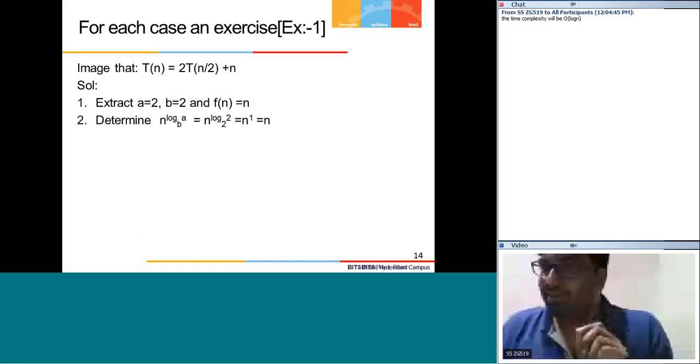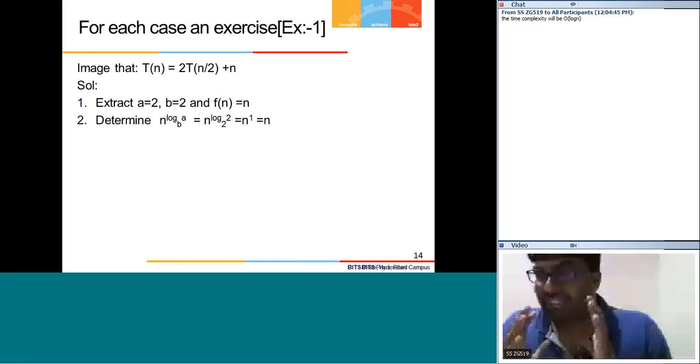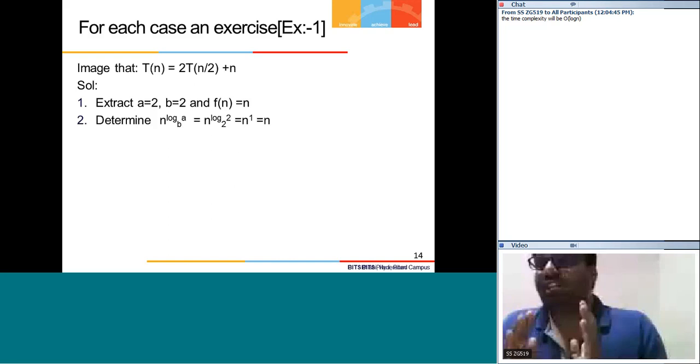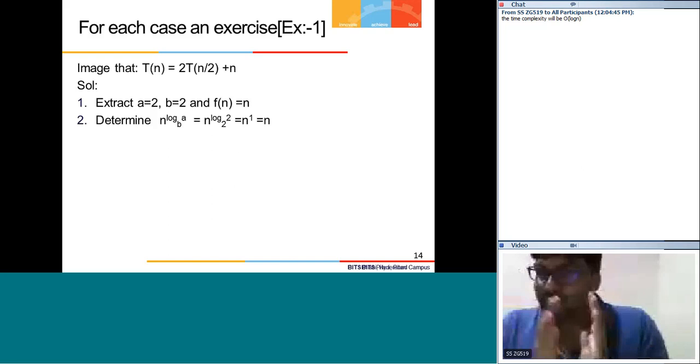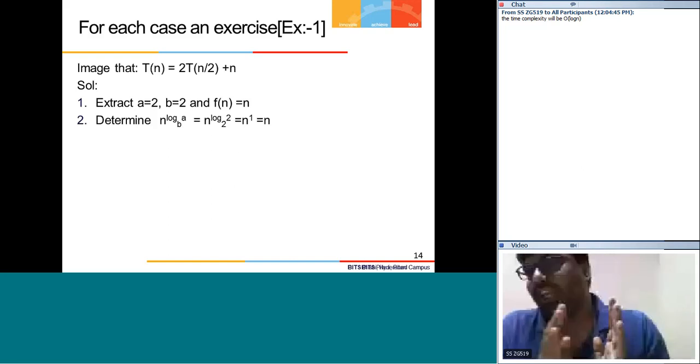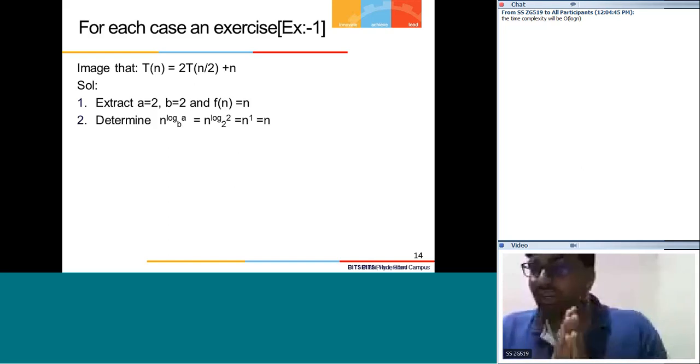In step number 2, let's assume there is a predefined formula n log a by b. Now I have to determine n log a by b. How do I determine it? By substituting the values of a and b in that formula. When n log 2 to the base 2 is always 1, I have retrieved n power 1, which is equal to n. Got it.